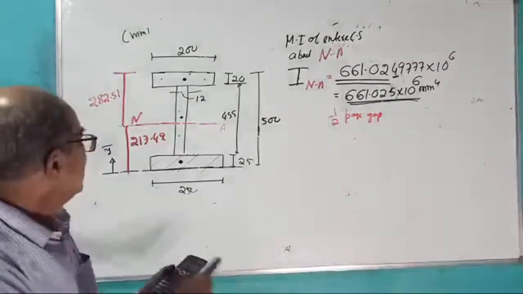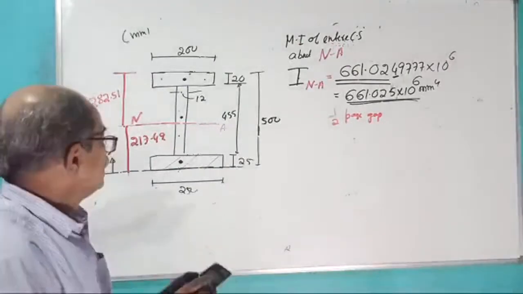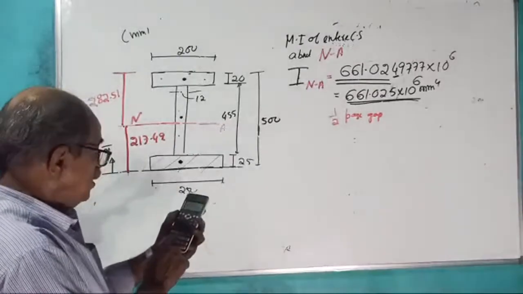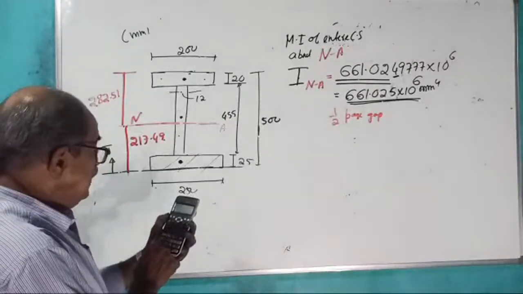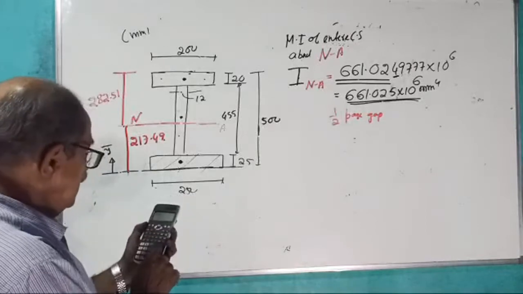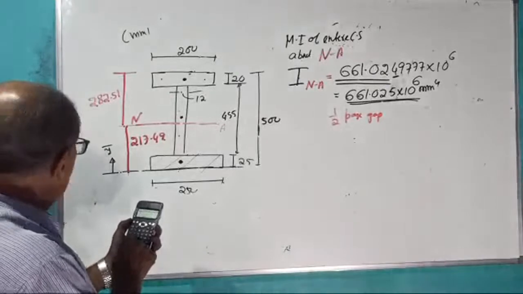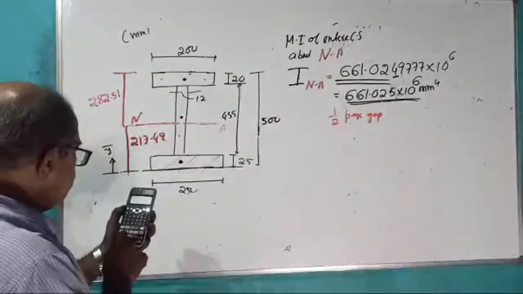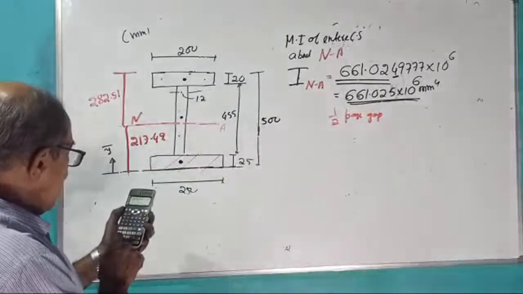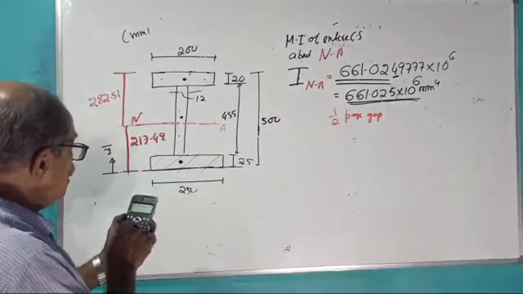Okay, I will check once again. But I will tell you if you want. See, 250 into 25 cube divided by 12 plus 250 into 25 into (217.49 minus half of 25) whole square.